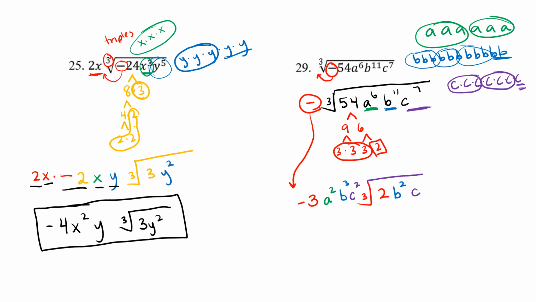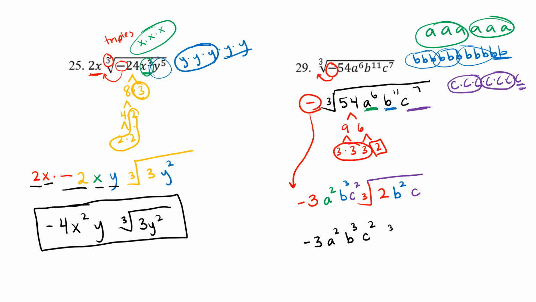After you do all of that, whether you write it out or try to do it mentally with division, you should be left with this. I'm going to rewrite it all in black so it looks a little more uniform. We got negative 3, a squared, because you could take 2 groups of 3 a's out, b cubed, because you could take 3 groups of 3 b's out, c squared, because you could take 2 groups of 3 c's out of that cube root.